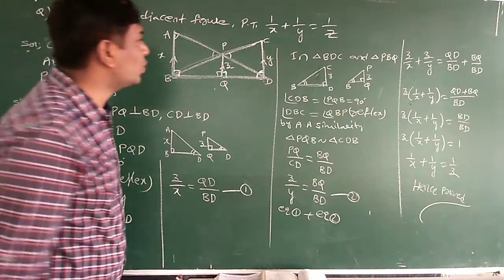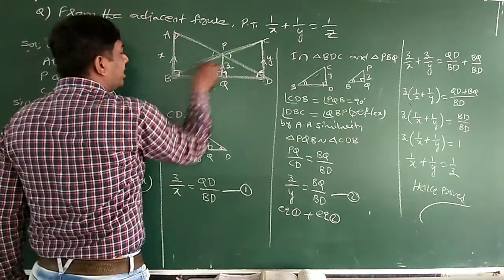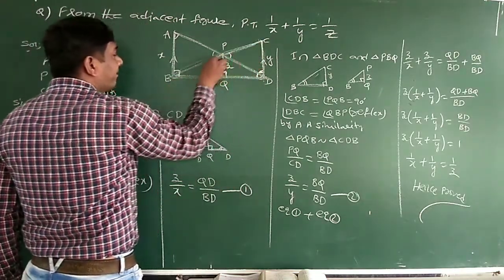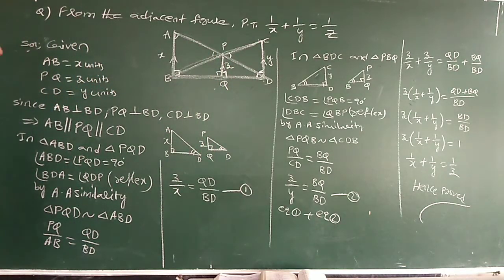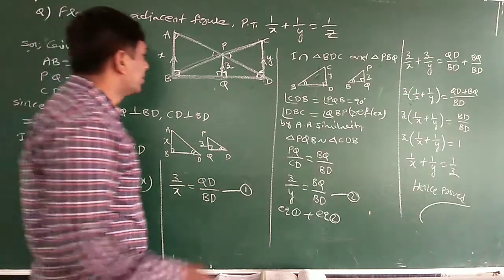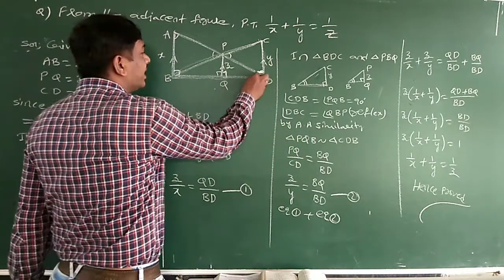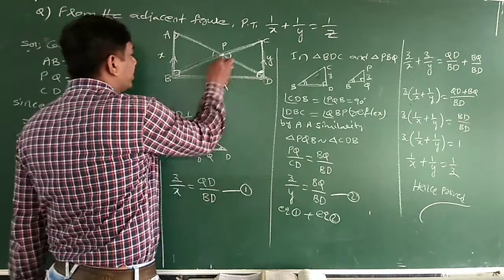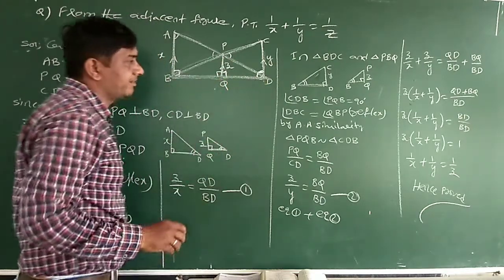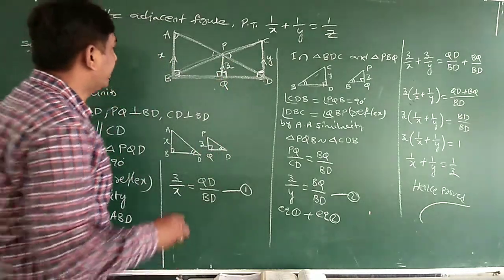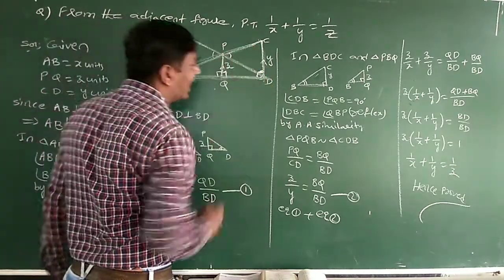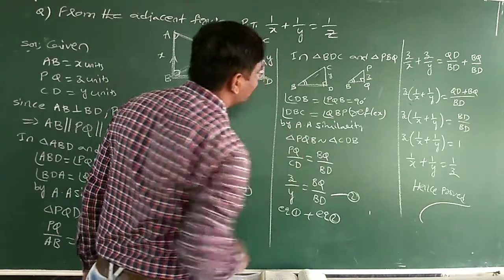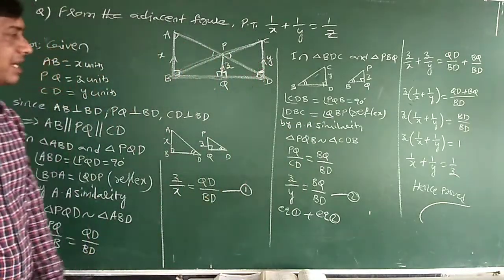And again, next one is triangle BDC and triangle PQB. In triangle BDC this angle is 90 degrees, and in triangle PQB this is 90 degrees. And angles QBP and DBC are reflexive angles, a common angle.